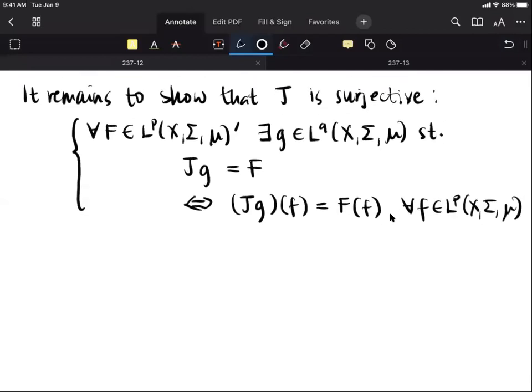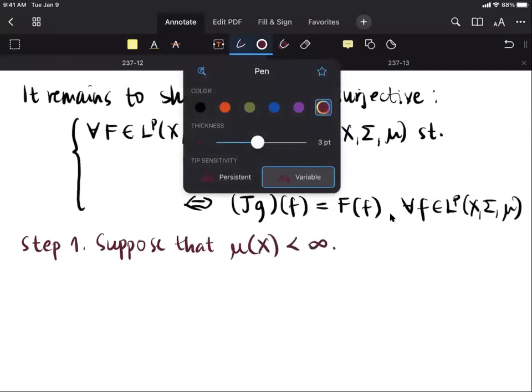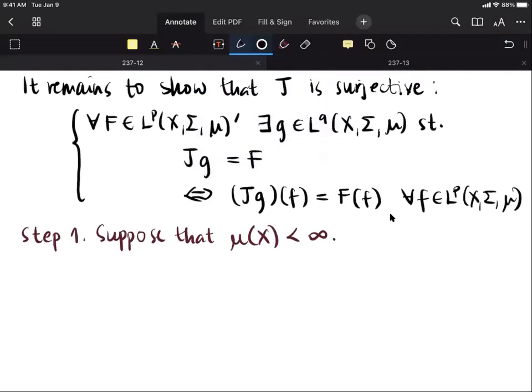As I said, we will divide the proof into two steps. First, let us consider the special case where mu is finite. The idea here, since our measure space is sigma finite, is that you can partition X into sets having finite measure, and then we apply on each set the finite case by a restriction, of course.